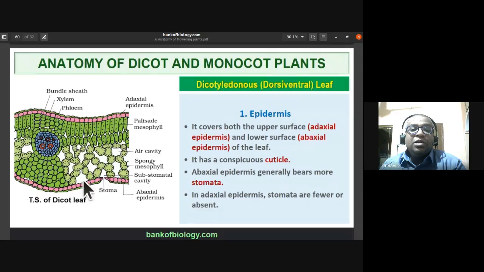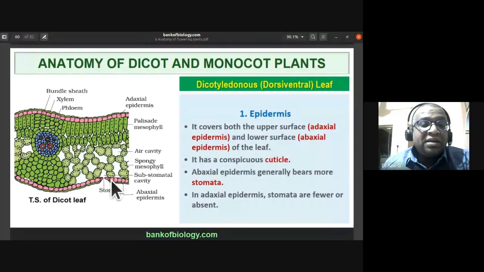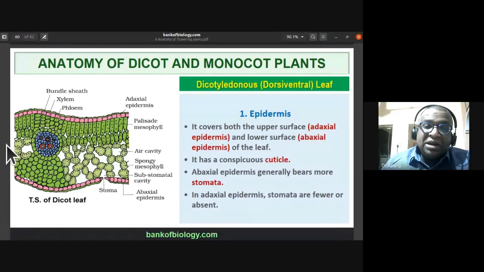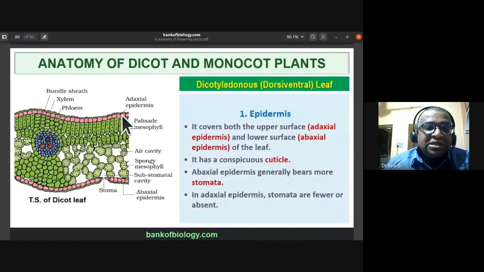So in the lower epidermis, the abaxial epidermis, you can see the stomata. Ad is above, ab is below. Adaxial is the upper epidermis, abaxial is the lower epidermis. The epidermis covers both the upper and lower surface.